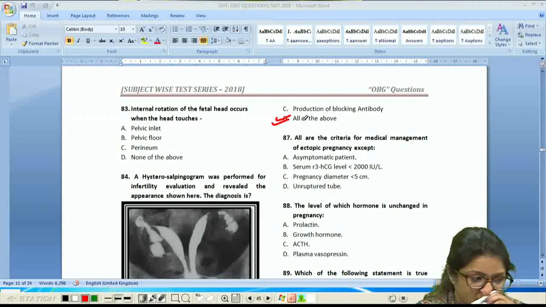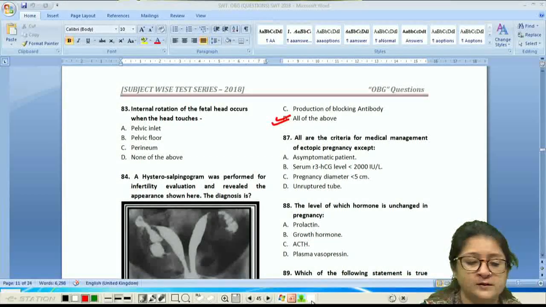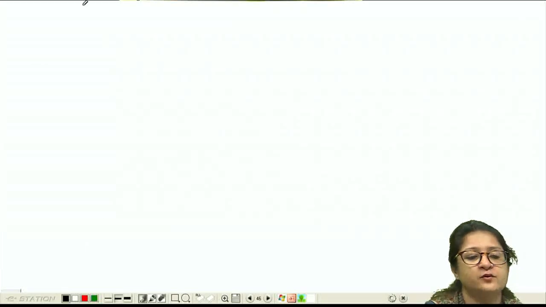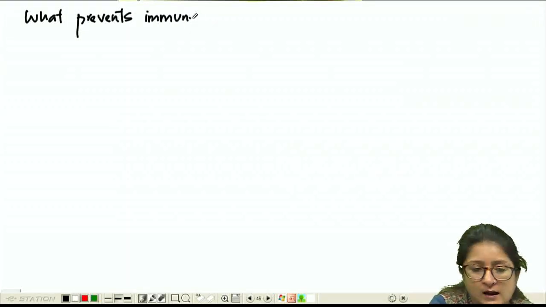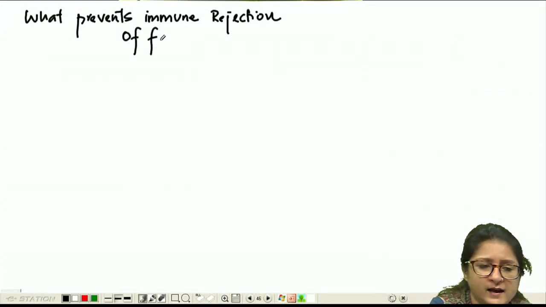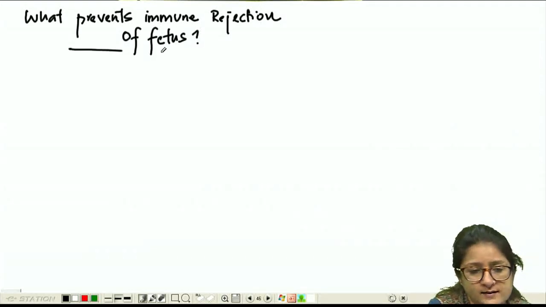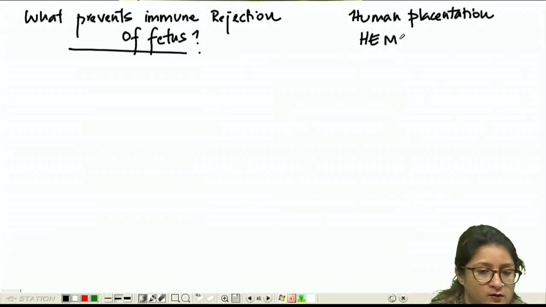All right. So just to give you a brief about what prevents immune rejection of the fetus and why this problem of immune rejection arises in pregnancy, the bottom line is that human placentation is very, very important: it is hemochorial.